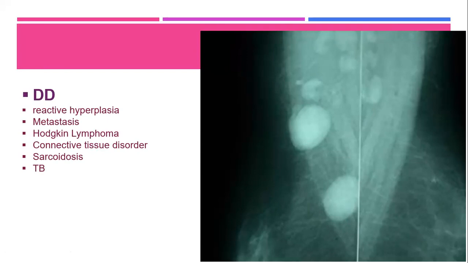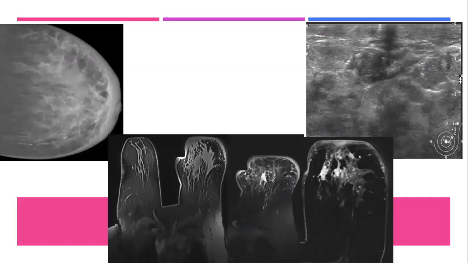At best, sometimes we can say pathological lymph node based on mammography, and even pathological lymph nodes sometimes cannot be detected on mammography. Ultrasound is much superior. The differential diagnosis includes reactive hyperplasia, metastasis, Hodgkin lymphoma, connective tissue disorder, sarcoidosis, tuberculosis, and so forth, meaning there is overlap between benign and malignant.